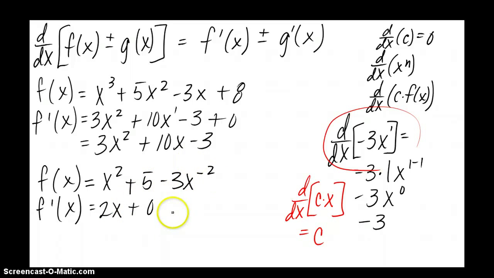The derivative of negative 3 x to the negative 2: negative 3 times negative 2 gives me positive 6 as my coefficient, x to the negative third power. So rewriting this with positive exponents. Now once you get here, you're not required to get a common denominator, so keep them as separate terms. It's easier for me, if you've made a mistake, I can find where it is, and you'd never have to combine them on the AP test. So keep them as separate terms as you're doing the work.